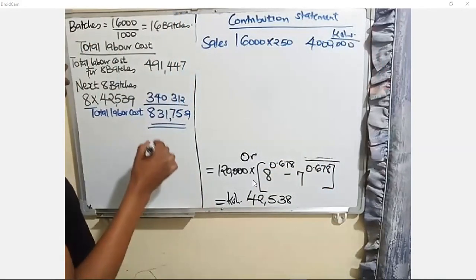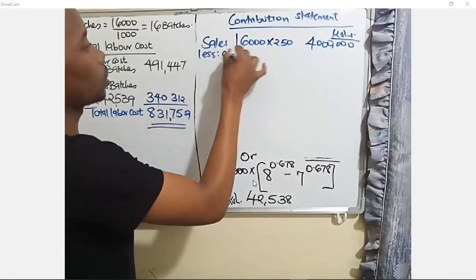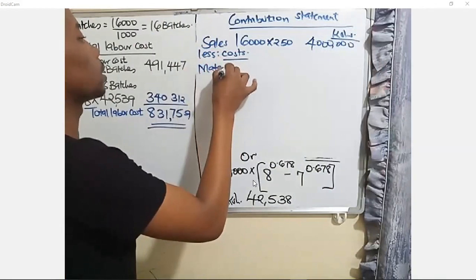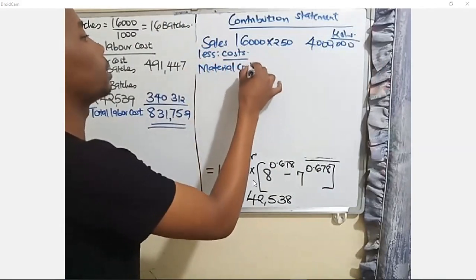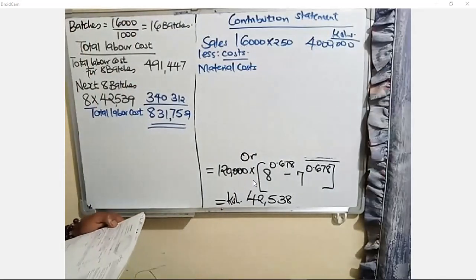Then to get the contribution, we need to lay out the costs. Less our costs, we start with material cost. In additional information number 1, we are told the direct material and other labor related cost would be 150 shillings per unit.